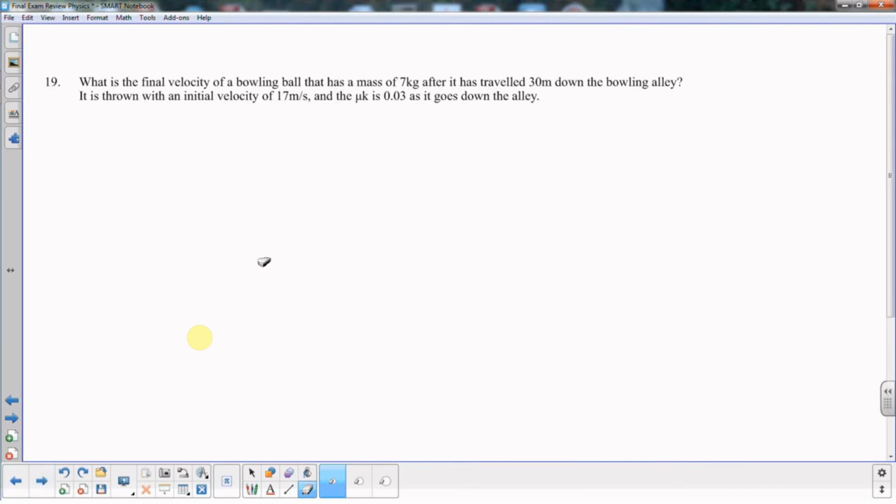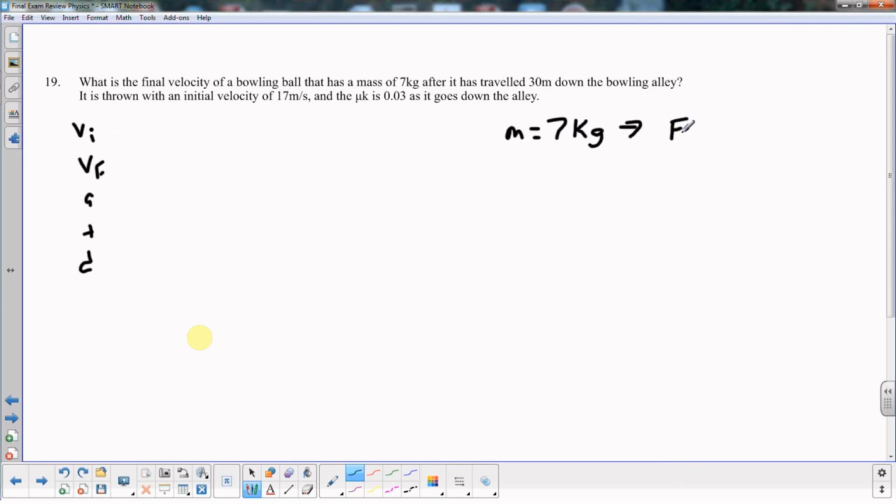Okay. So final velocity of a bowling ball that's doing stuff. So we start out with, again, our VI, VF, A, T, D. What's the final velocity of a bowling ball that has a mass of 7 kilograms, which means it has a weight of 70 newtons, which means it has a normal force of 70 newtons.